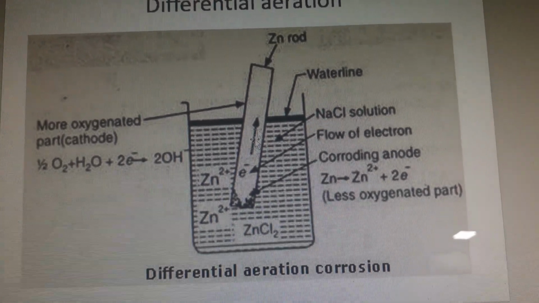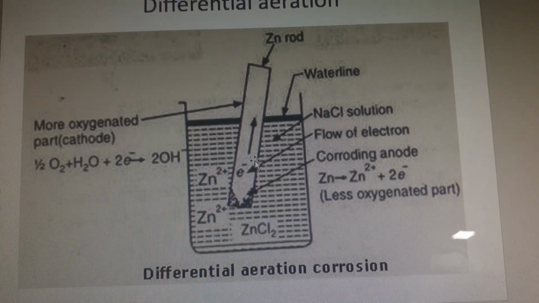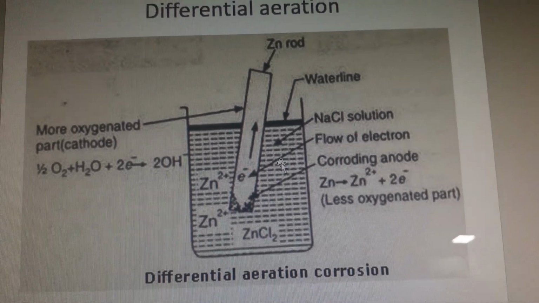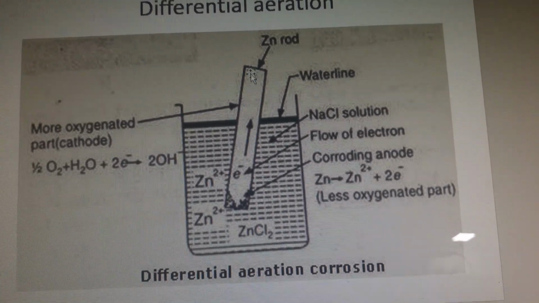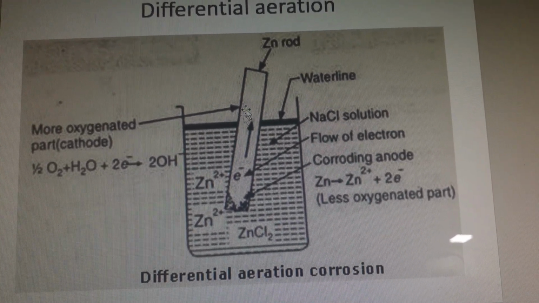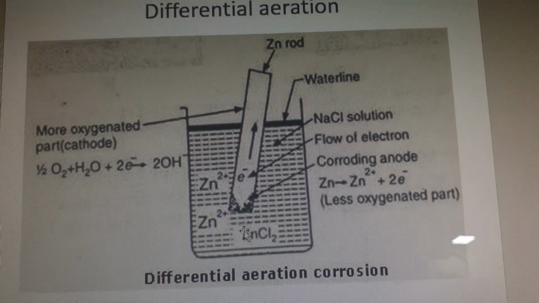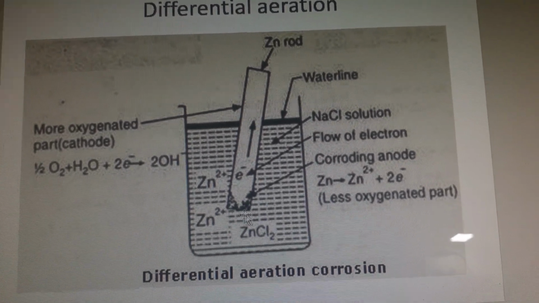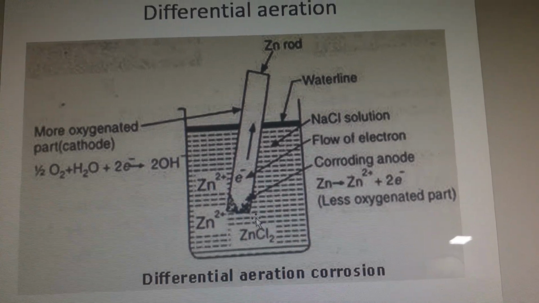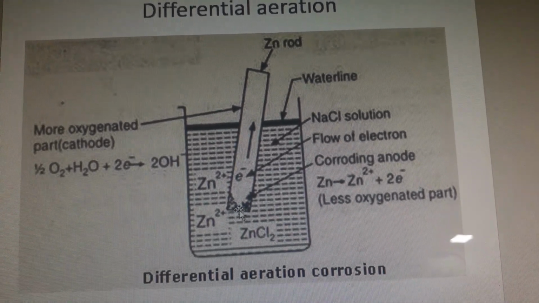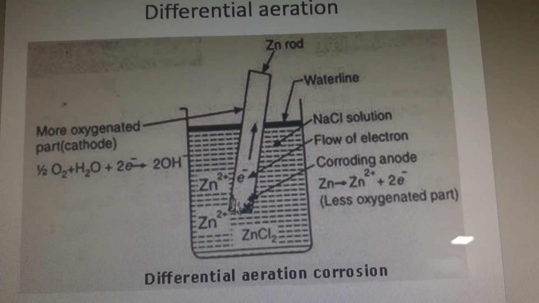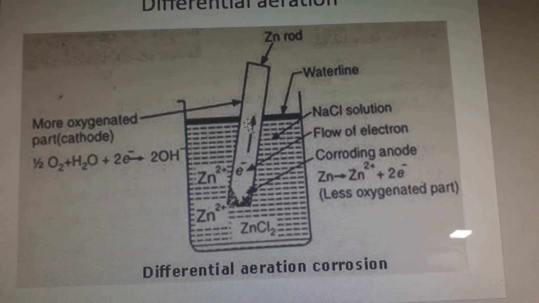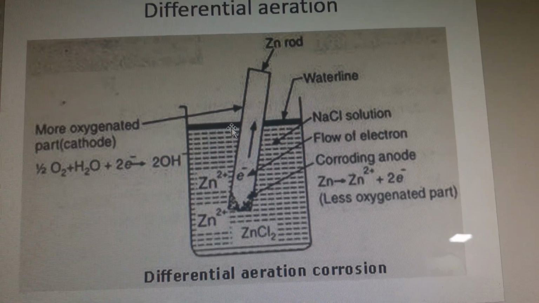Generally, suppose we have any metal piece and we dip it in water, at which portion does the corrosion start, the portion above the water or the portion inside the water? We generally know the part which is immersed in the water acts as anode and the corrosion starts from here. Now why this takes place is because, as we can see, where is more oxygen?